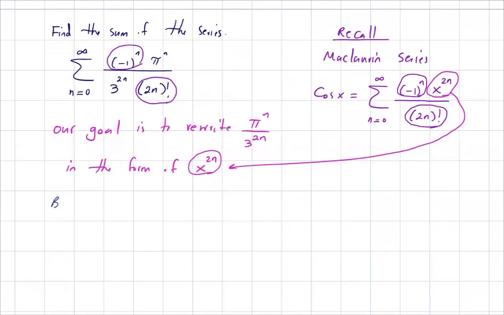By algebra, pi^n divided by 3^(2n) can be written as, well, what I'm going to do, I'm going to write pi as square root of pi. If I raise it to power 2, I get pi back. And then here I have exponent n divided by 3^(2n).